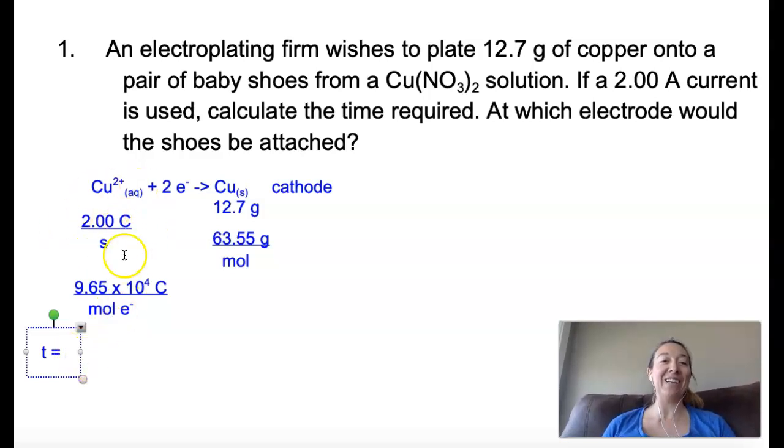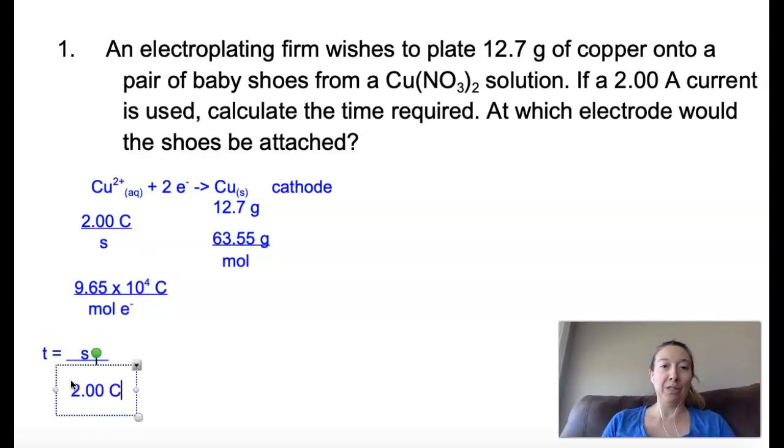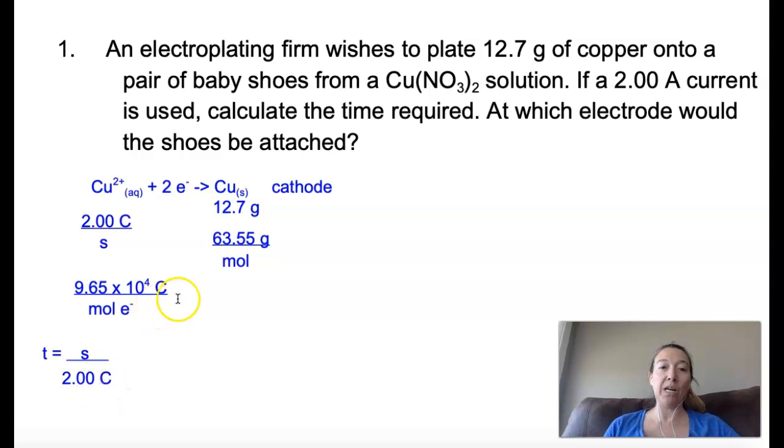Okay, so we are going to take this and flip it over so that we solve for seconds. So we're going to put the seconds over 2 coulombs. And now it becomes the canceling game. We need to cancel out coulombs. Faraday's constant has coulombs, so we are going to times by 9.65 times 10 to the 4 coulombs per mole of electrons.